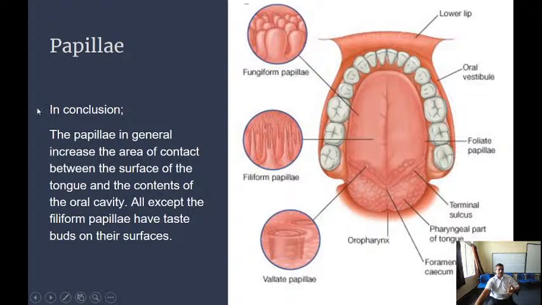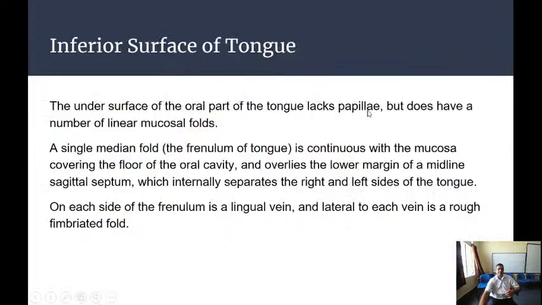The papillae increase the surface area of the tongue, so that the food comes in contact with them. All except the filiform papillae have taste buds on their surfaces. They contain the taste buds.